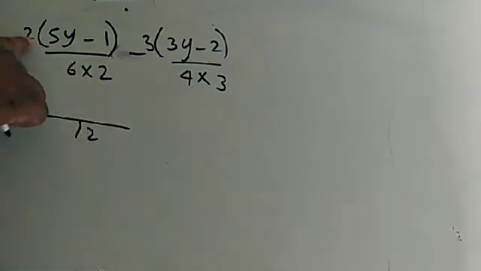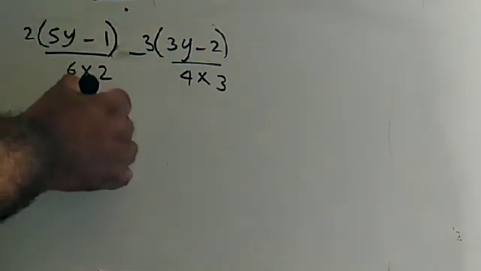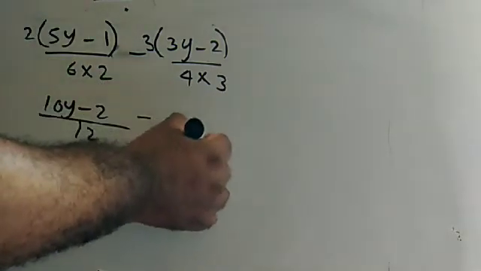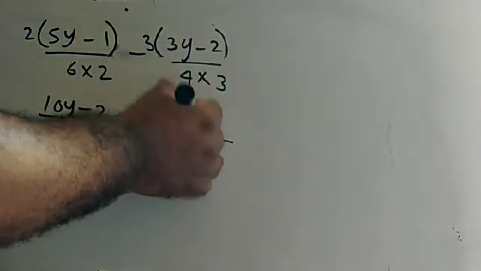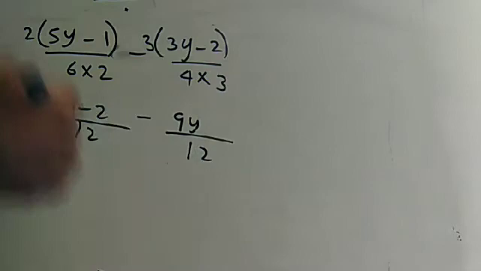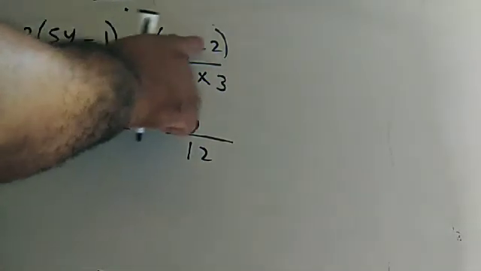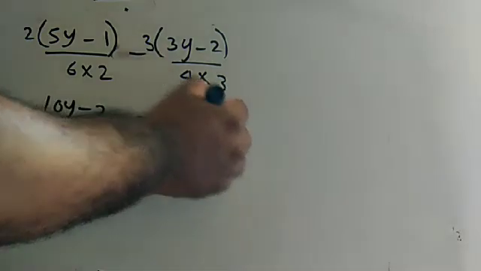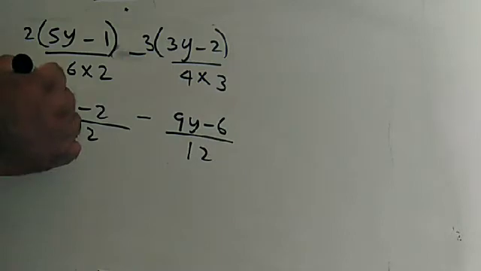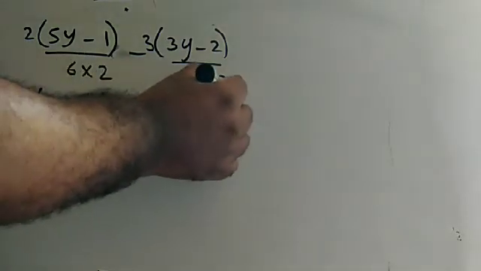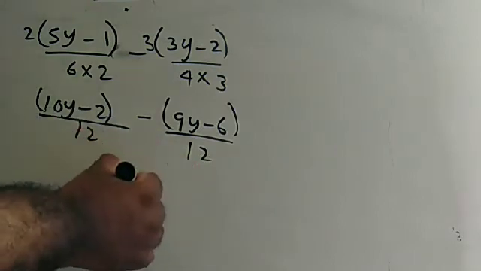When we simplify this, 2 into 5y, 10y, minus 2 into 1, minus 2, then 3 into 3y, 9y, 3 into 2, 6, right. Then this also algebraic expression. Now 12 is common, no, 12 common.